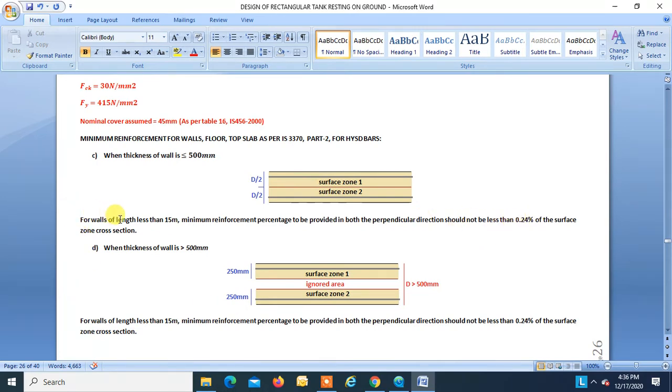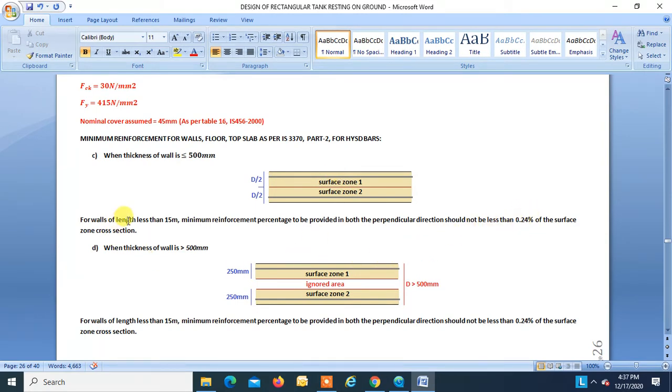For wall length less than 15 meter, the minimum percentage of steel in both perpendicular directions, that is horizontal and vertical, should not be less than 0.24.